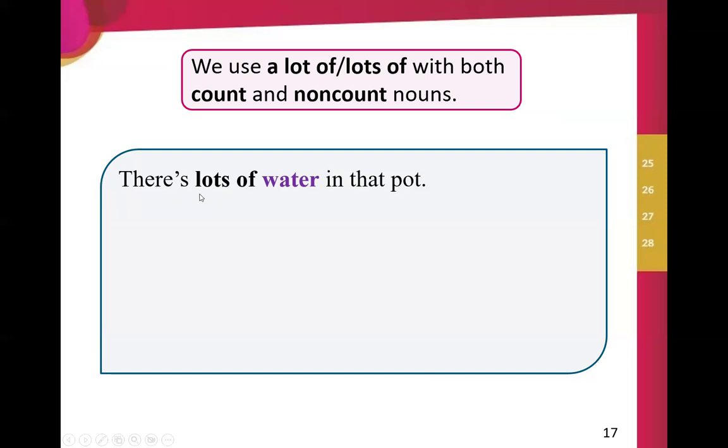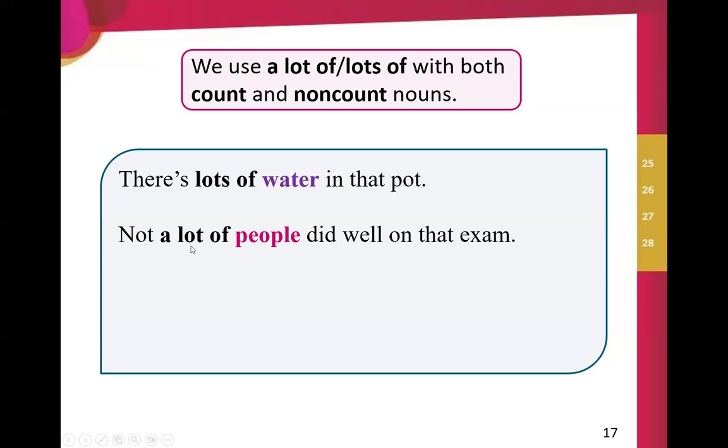But we can say there are lots of water bottles. When we use the containers here, we can use the plural noun bottles, and we use the plural form of the verb are instead of is.